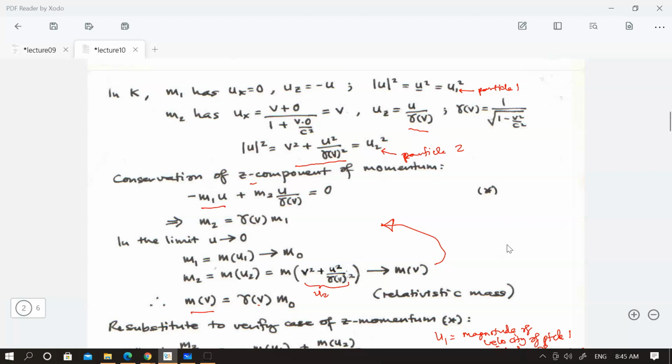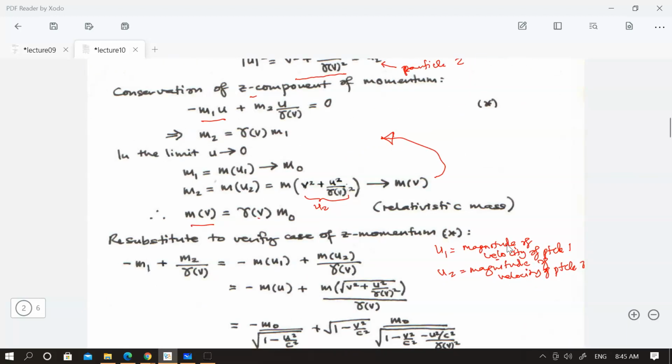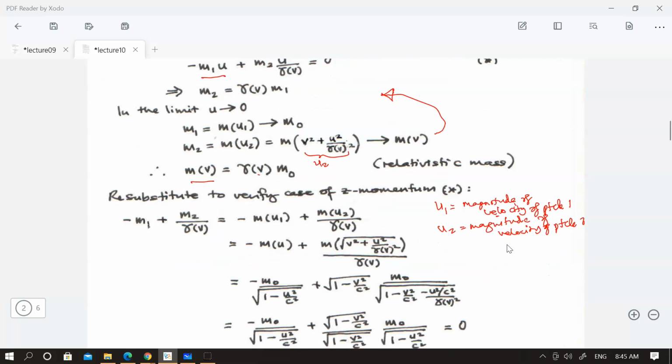So this is the magnitude, well, this is magnitude squared of u2. Okay. So essentially we have m as a function of u, and then m as a function of this complicated thing, which is actually your u2. Okay. And remember that this is going to be divided by gamma v.